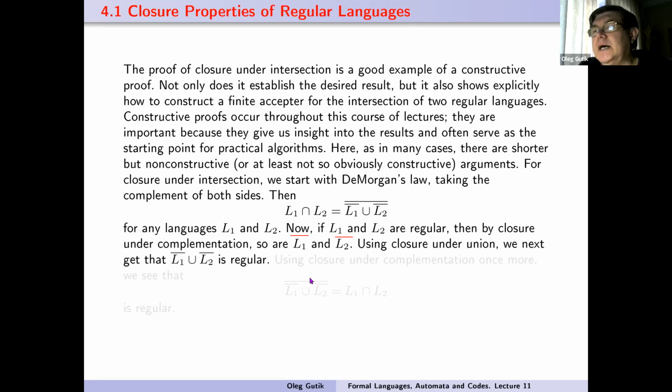Using closure under union, we next get that the union of the complements of the languages L1 and L2 is a regular language. Using closure under complementation once more, we see that the following equality holds, and hence the intersection is a regular language.